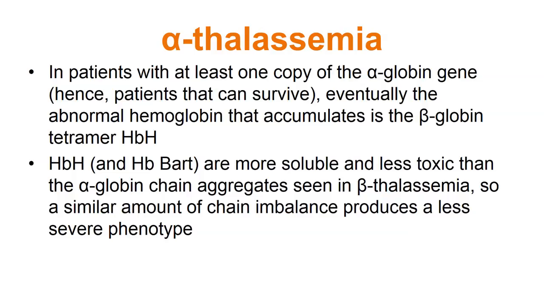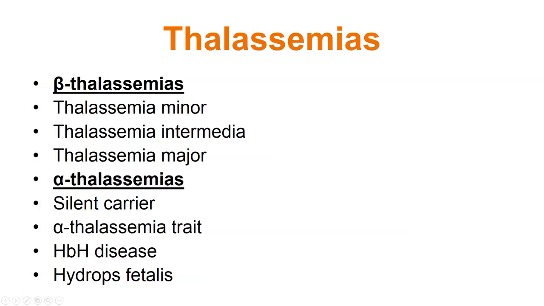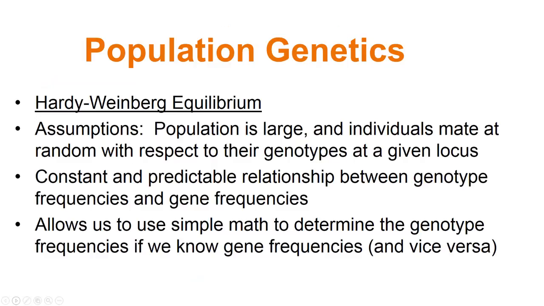The beta thalassemias with a similar amount of chain imbalance have a more severe phenotype than the alpha thalassemias, and that's due to the tetramer that's accumulating being a little bit more soluble. And I've given you a list of all the different types of thalassemias, just for your study purposes.